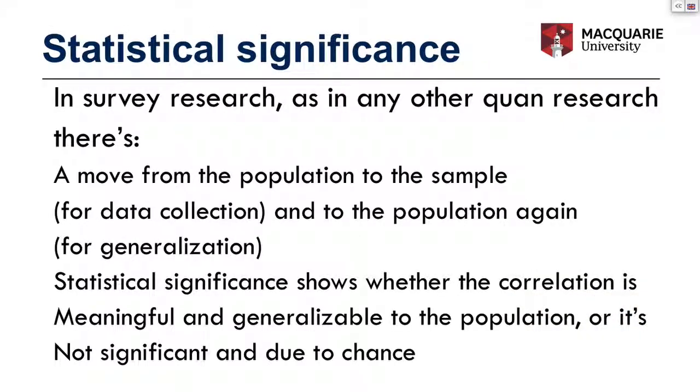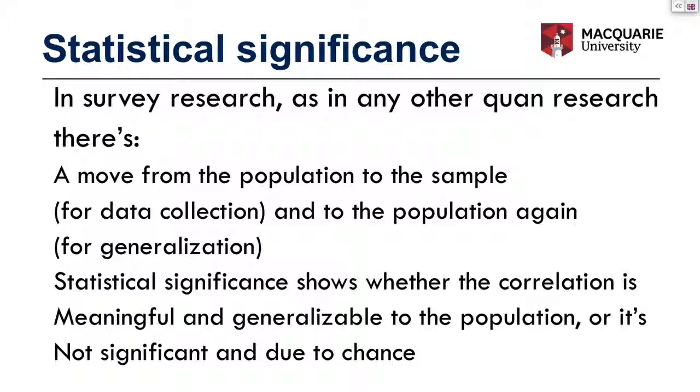The statistical significance in quantitative methods in general, and in survey studies in particular, is an index that tells us whether the results that we have come across are by chance or they are meaningful and therefore generalizable to the population.